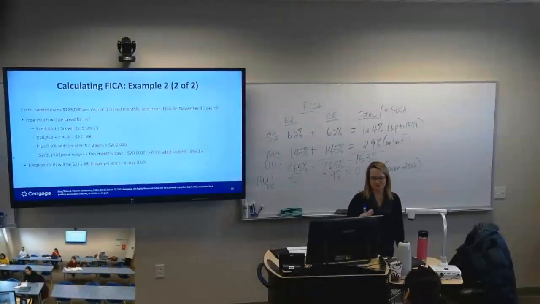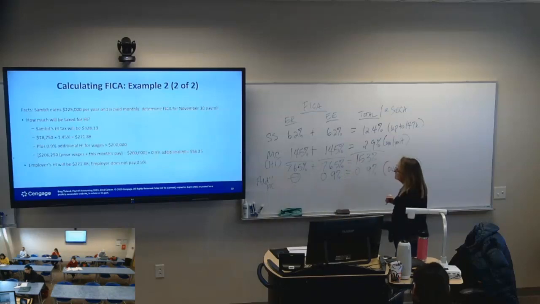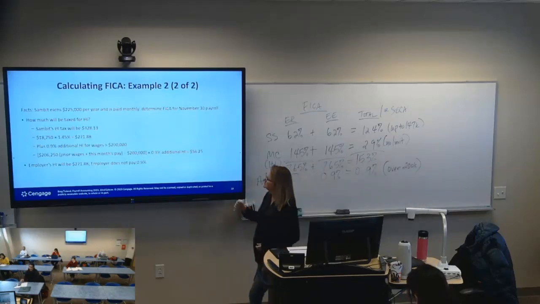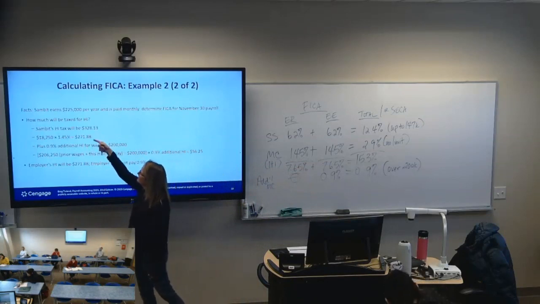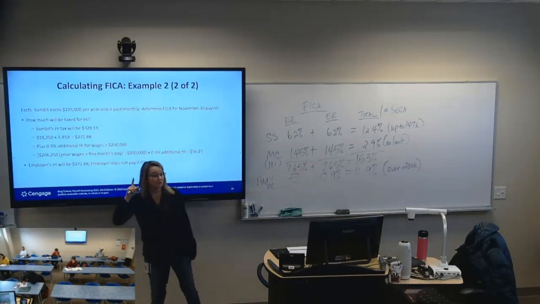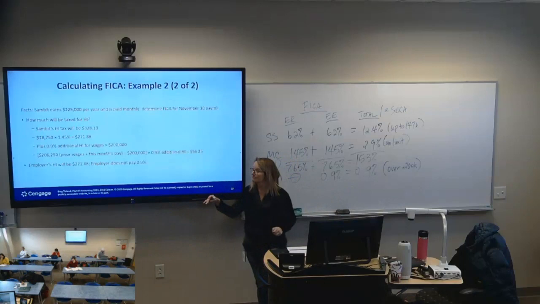But the first 12,500? 12,000, am I getting that right? Yeah, 12,500. No, I'm wrong. Sorry. So we've got to figure out how much of his income is subject to additional Medicare tax. The regular Medicare tax is easy. All of it's subject to regular Medicare tax, right?